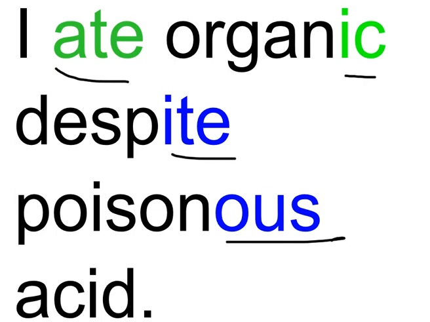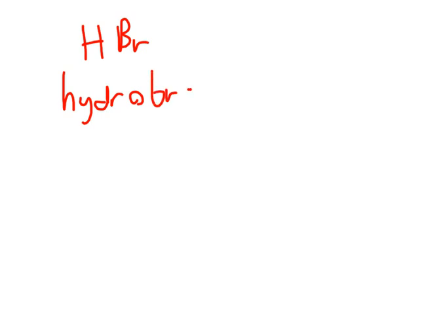So first off, if you have a singular element, now acids are often characterized by beginning with hydrogen. If you have just a singular element, it's quite simple. You put hydro at the start, you do the main part of the element name, but you change it to ic, and then you add acid.